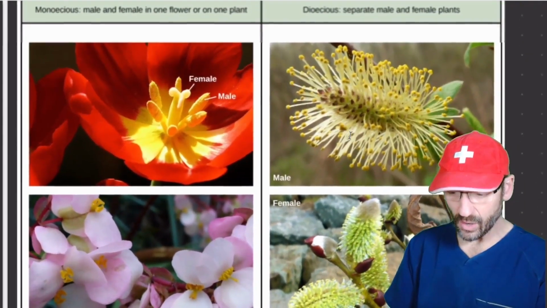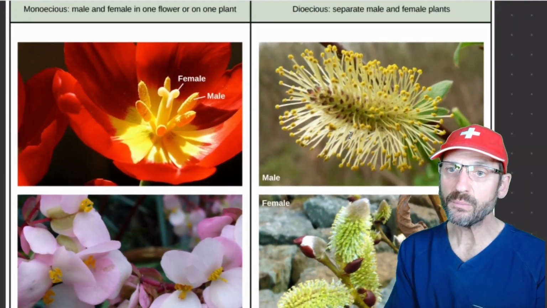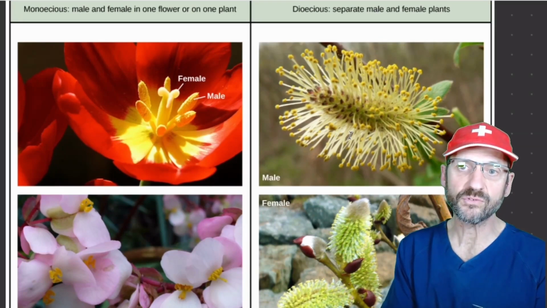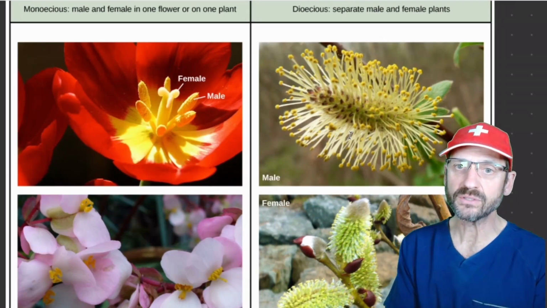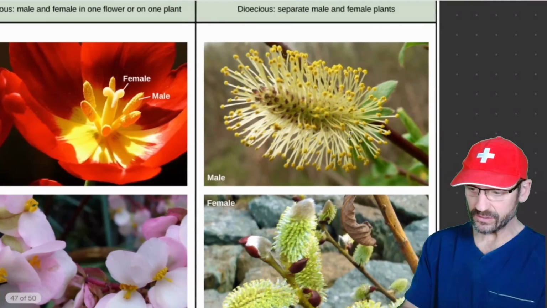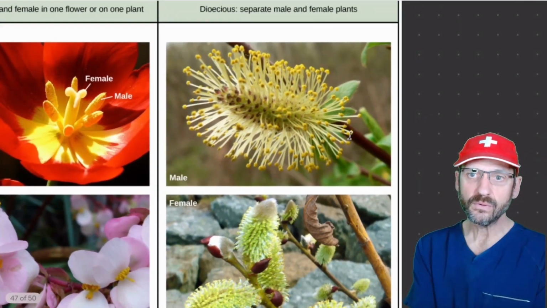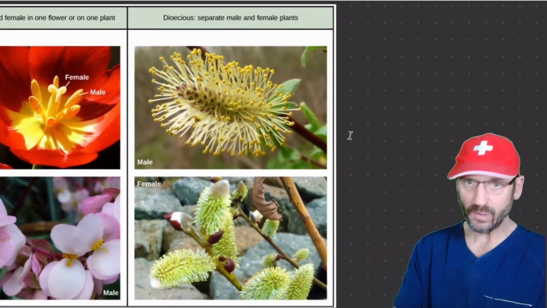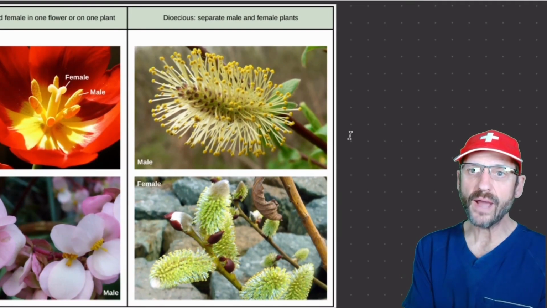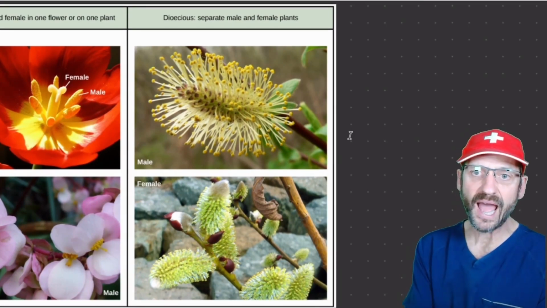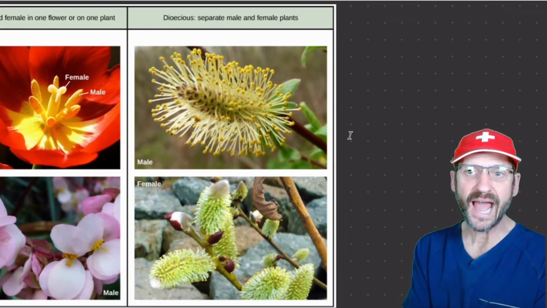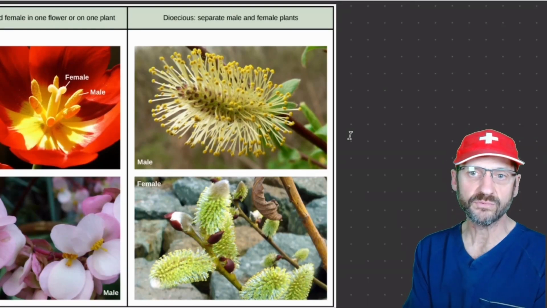These are both monoecious because both female and male flowers or parts are on the same plant. On the one to the right, here you have a dioecious plant with entirely different plants carrying either the male or female reproductive structures.